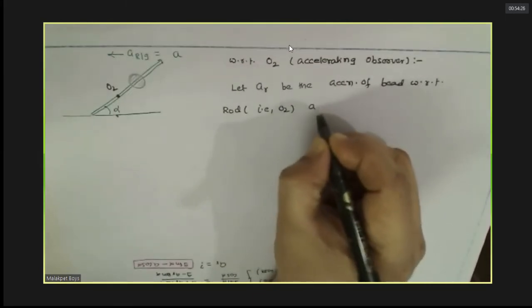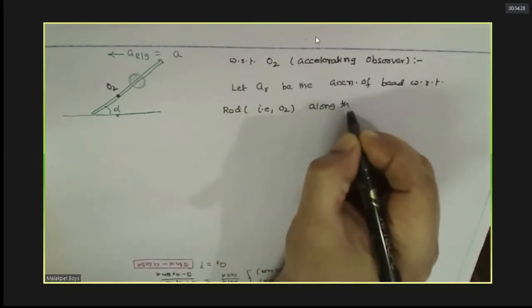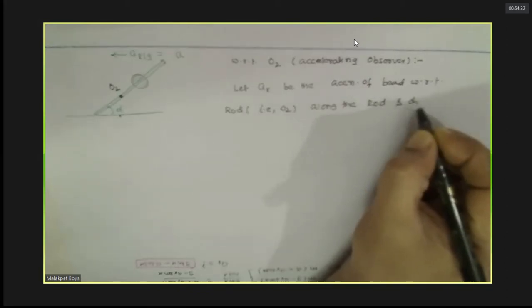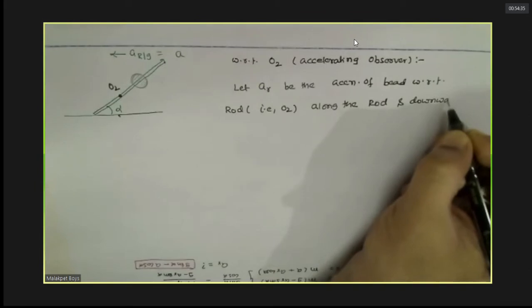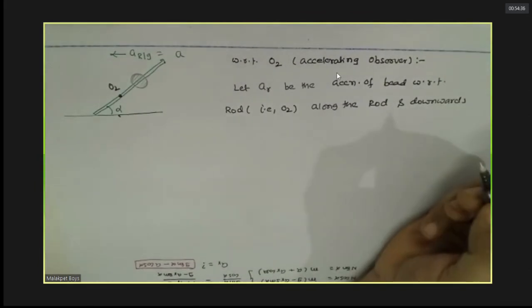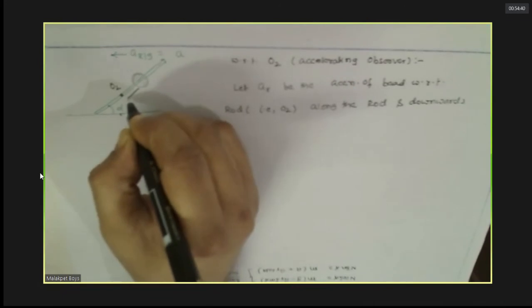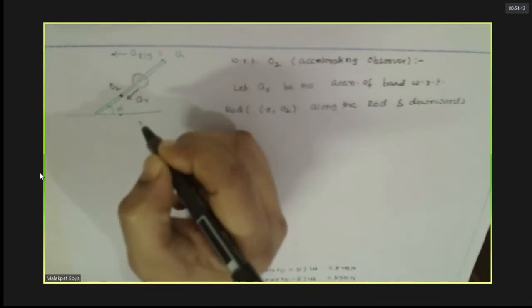Okay. Along the rod and downwards. Do you agree with this? This is what we have taken. Yes, sir. The thing we have taken is this fellow we have taken here. Now that fellow wants to draw the free body diagram.